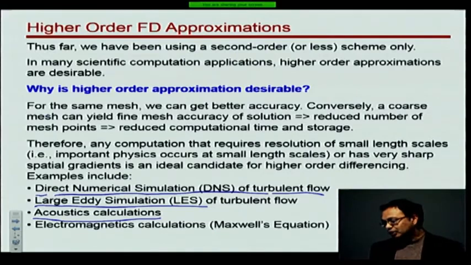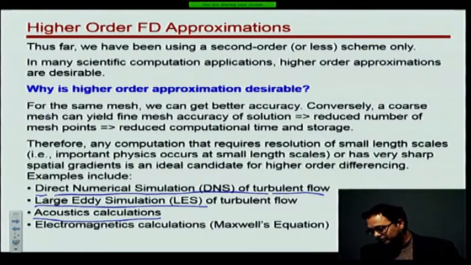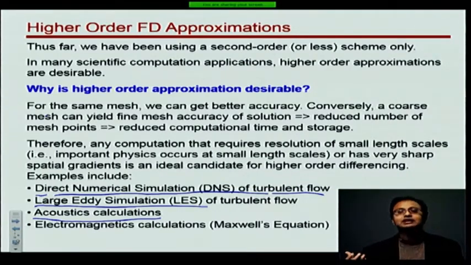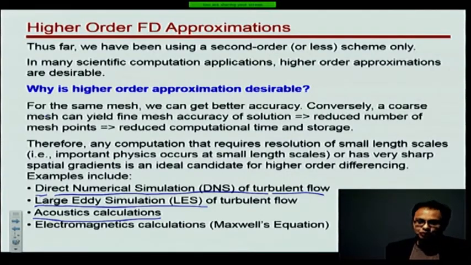Now we haven't talked about all this in great detail, and I don't think we are going to in this class, but if you take courses on CFD, then there is a lot of discussion usually on what's called numerical diffusion and what's called numerical dispersion. The numerical diffusion comes out of treatment of the advection term, and then the dispersion is basically the third order term. And in acoustics calculations, you have to get rid of both.